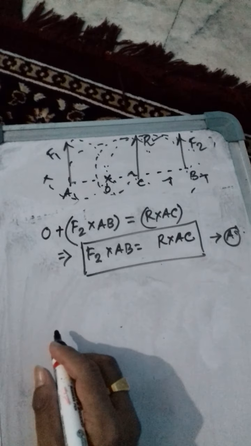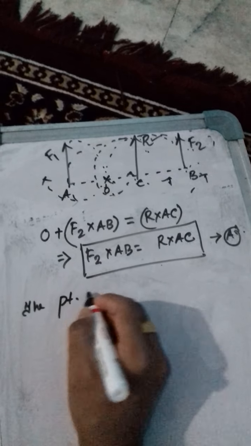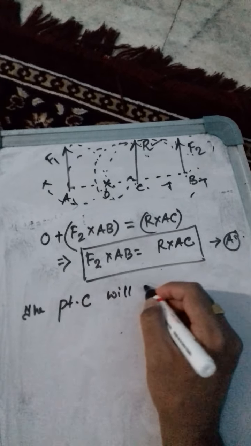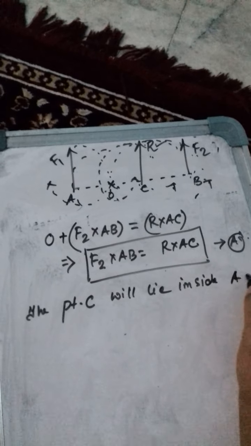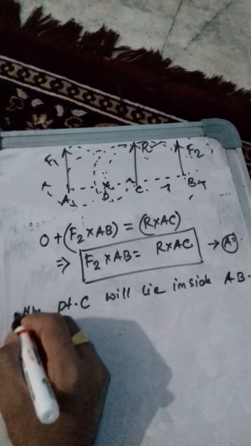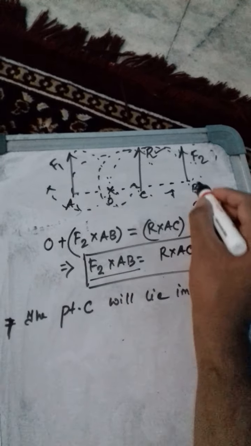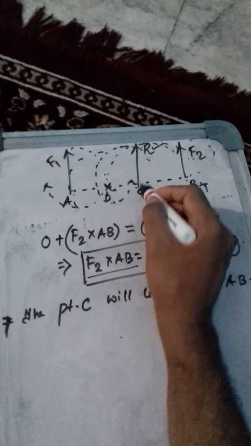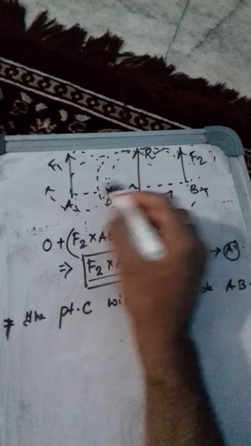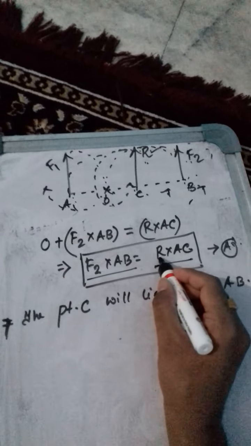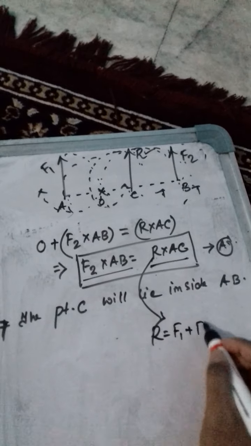The point C will lie inside AB, because see, F2 into AB, the total distance is AB, and R into AC. So C should lie between A and B, because we know that R is equal to F1 plus F2.